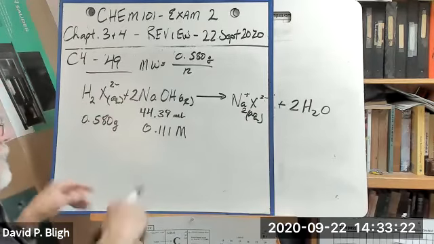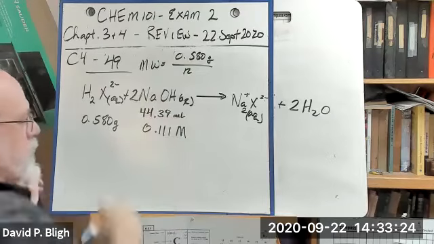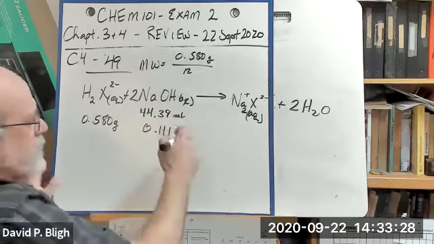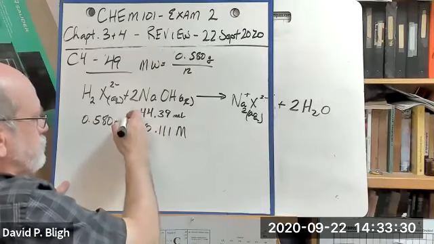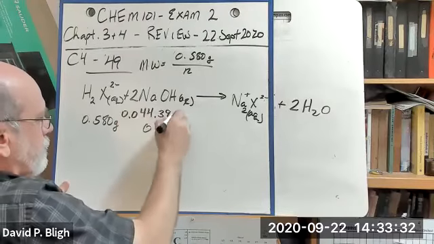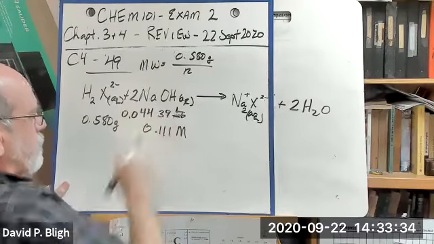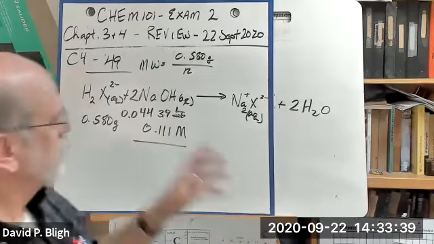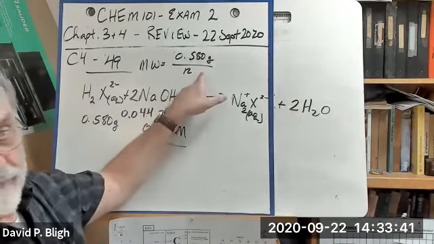Okay, now, how much of this are we starting with? Well, let's change that to liters. Times this, that'll give us moles, because we're eventually going to have moles anyway.